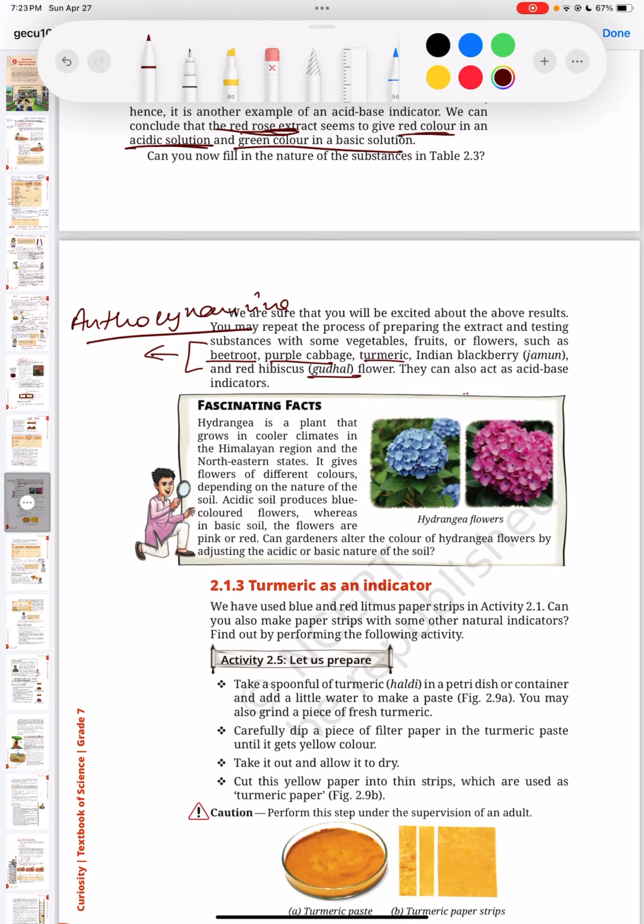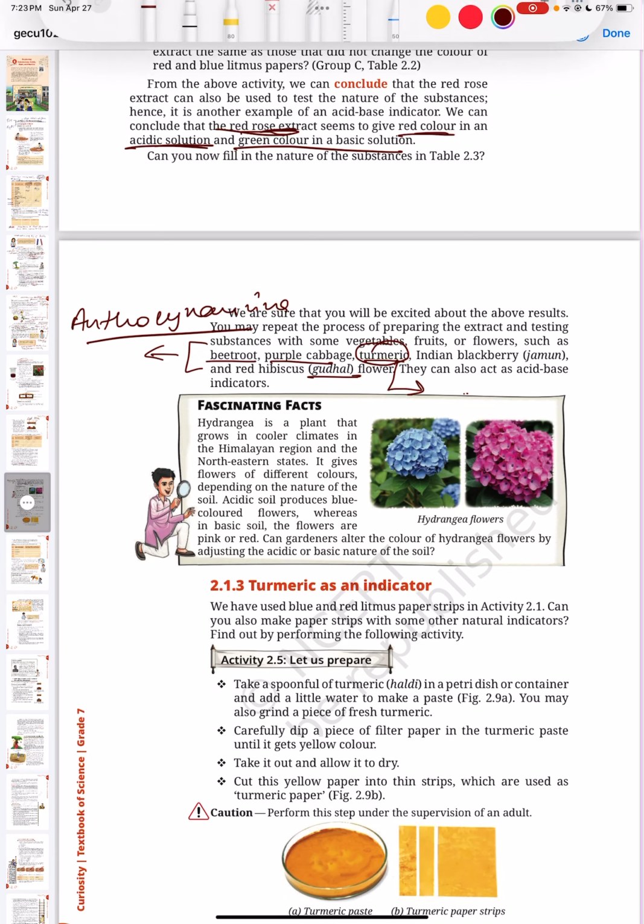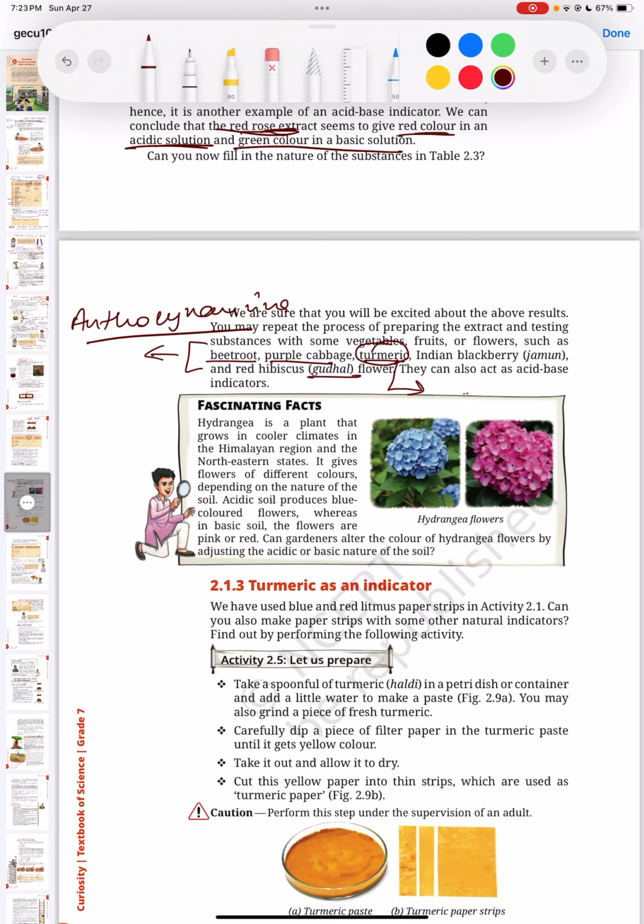Whether you consider the purple color of the beetroot, or the red pink color of the roses, it is all because of anthocyanins, right? In the case of turmeric, it is because of another pigment called, for example, carotenoids.